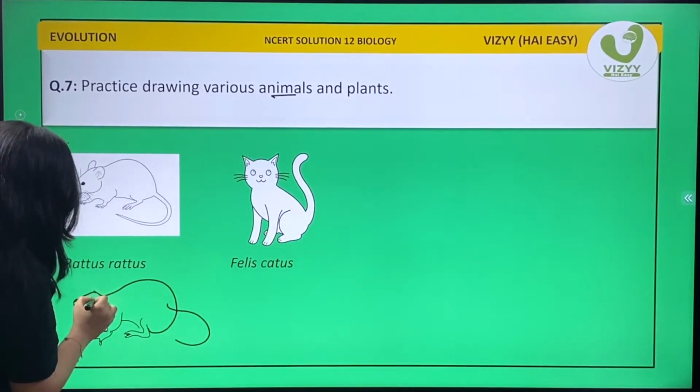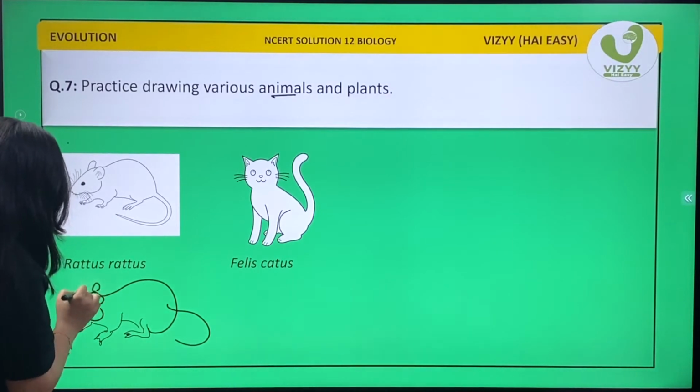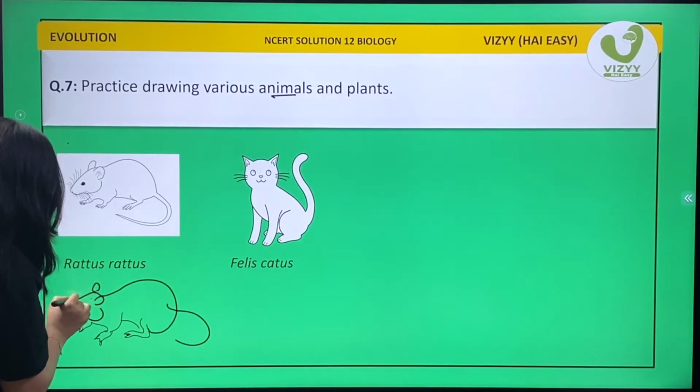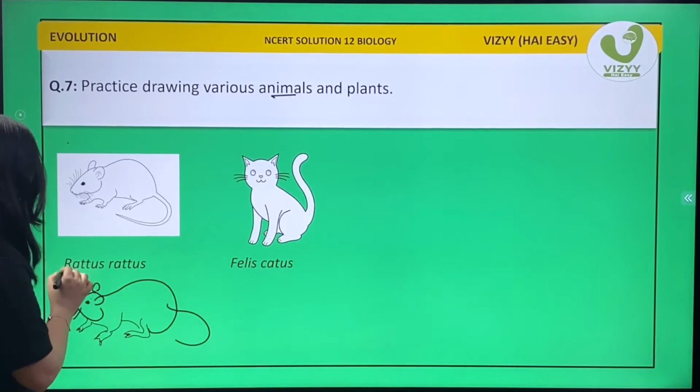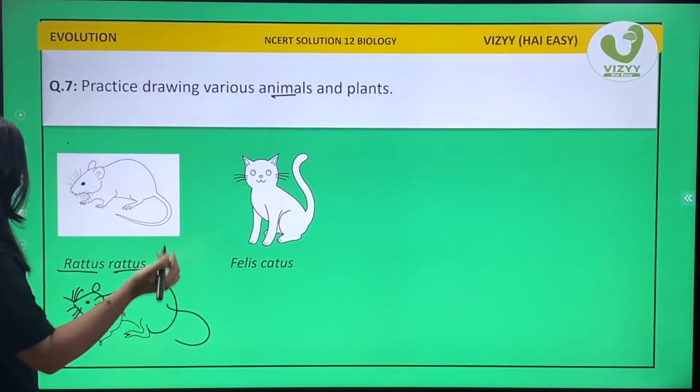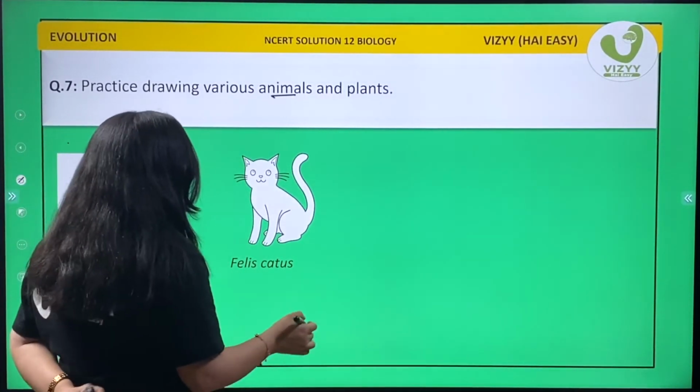Time for ears. 2 ears. Whiskers. So we're done with Jerry, I guess. And write Rattus rattus. So rat is done. Now time for cat.